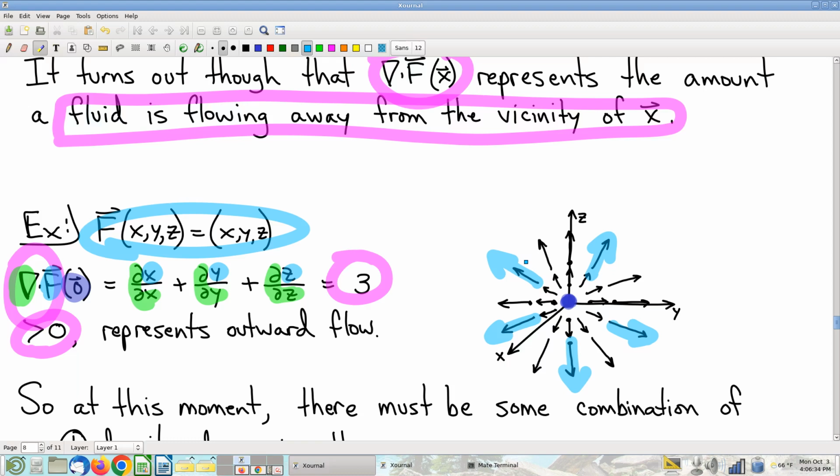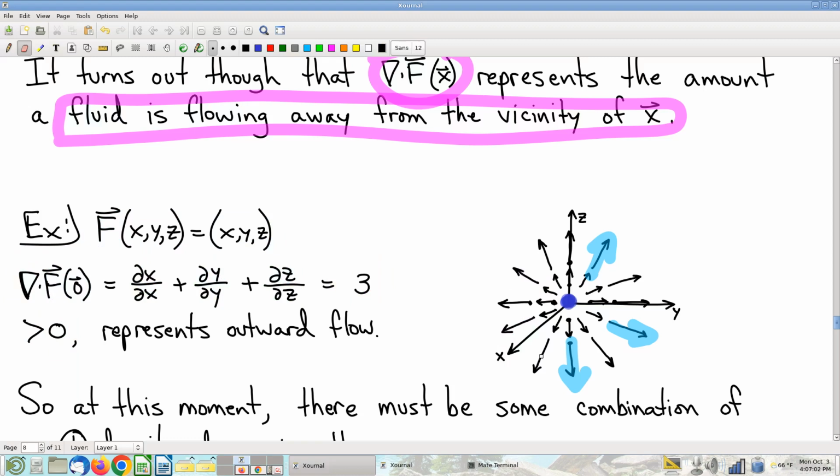There'd be greater velocity, or whatever it is that the vector field represents, but greater flow away from the point. If it were smaller, then it'd be shorter arrows, less flow away from the point. If it were negative, inward flow. Does that seem reasonable to y'all? So again, we'll make a lot more sense out of this later.